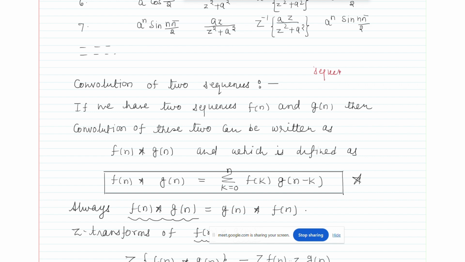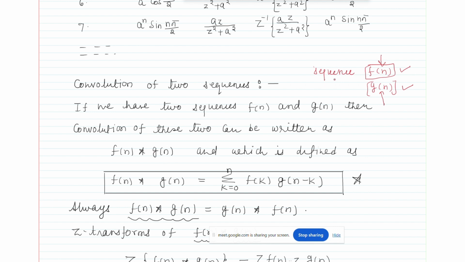But if we are talking about two sequences, suppose the first sequence is f n and the other sequence is g n. Now we want to find the convolution of these two sequences.